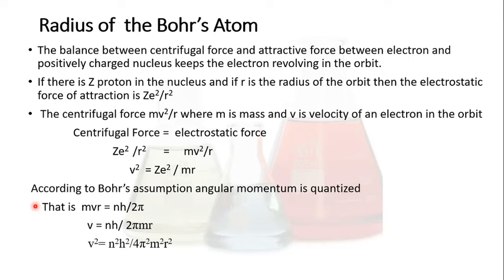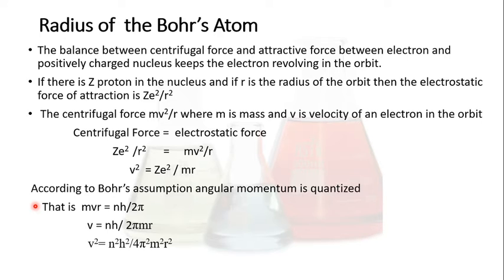The electron should go away from the nucleus. But why does it not go away? Because there is also the attractive force between the positively charged nucleus and the negatively charged electron. Both these forces, the centrifugal force and the attractive force, get balanced by each other, and therefore the electrons revolve in a specific orbit.